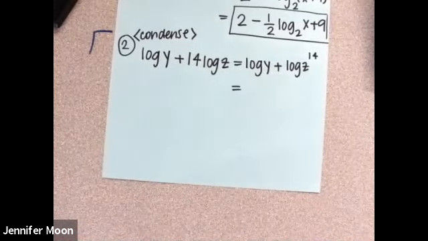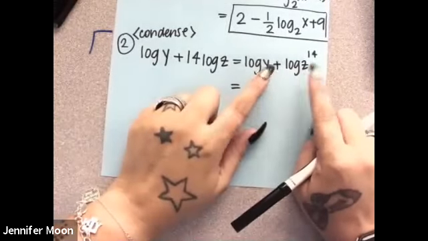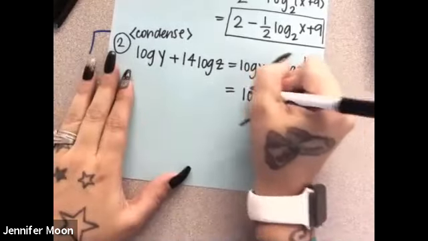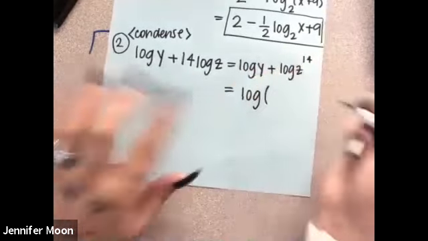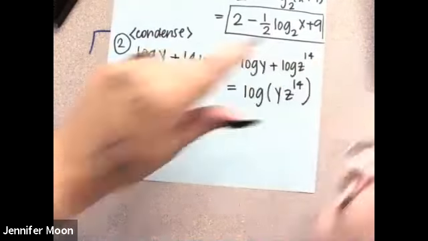Go from having 2 logs in this expression, honestly, not an equation, but this expression, to having 1 log, right? I'm condensing it, I'm making it smaller. And because of this plus sign, that tells me that these were being multiplied. So I would have log of y times z to the 14th.